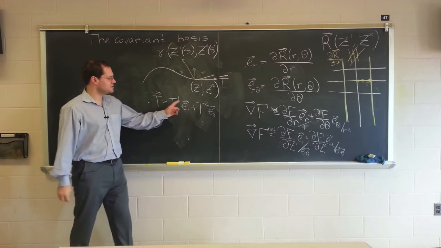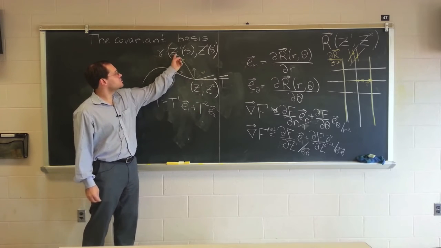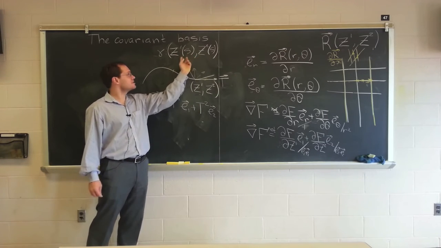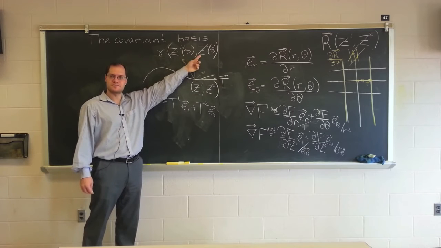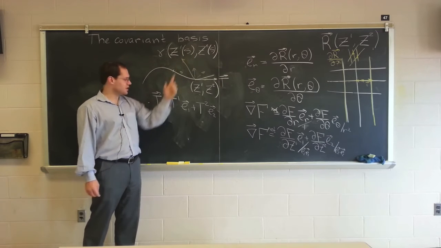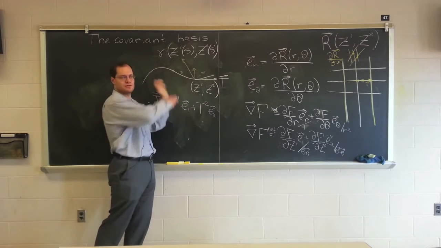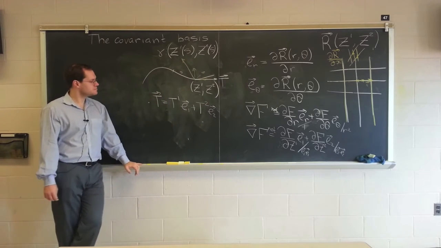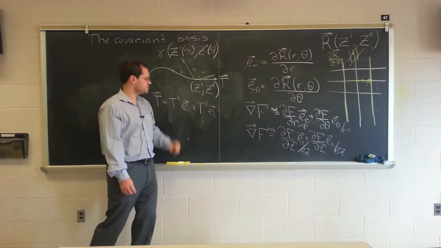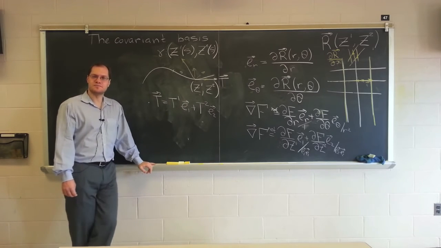We want to express T1 and T2 in terms of z1 of s and z2 of s, because this defines the curve. So everything about the curve should be expressible in terms of these equations, if you also know what coordinate system is imposed. So how do you find T1 and T2?